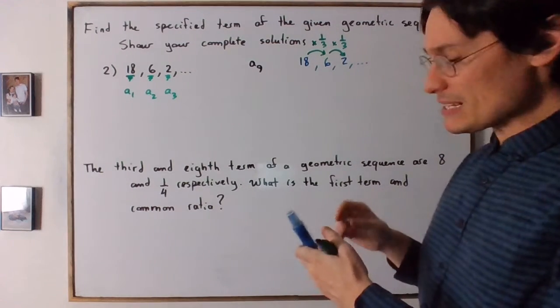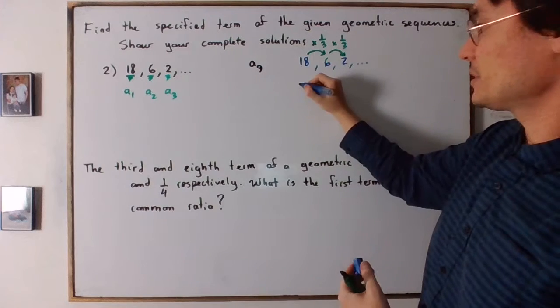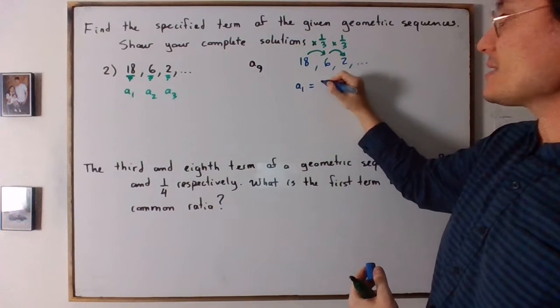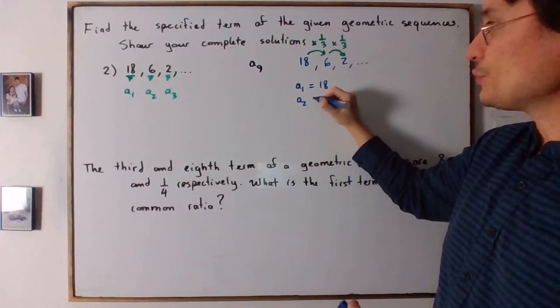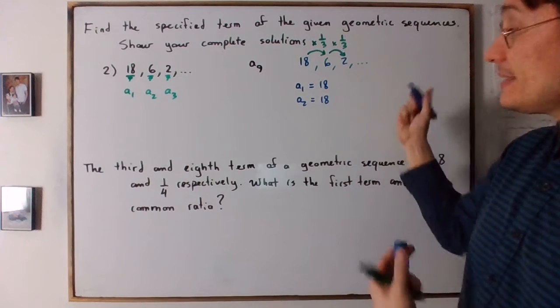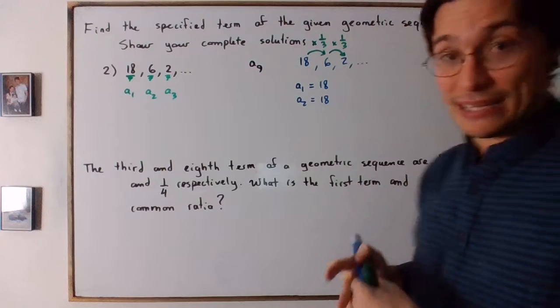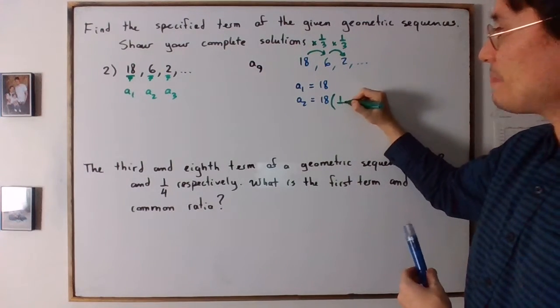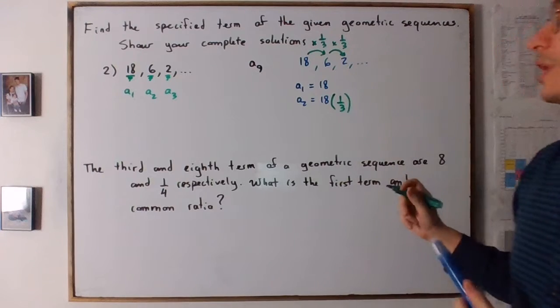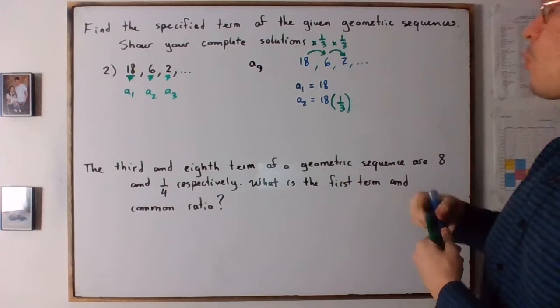What does it mean? It means that A1 is equal to 18. And A2 is equal to 18 multiplied, and look at this carefully, by 1/3 to the power of 1.